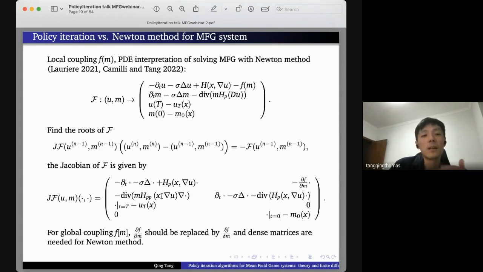One issue with Newton's method would be that if we have a local coupling, it is fine. But if we have a global coupling, the partial F, partial m term should be replaced by some kind of Wasserstein derivative, and one would need to use some dense matrices. I'm not sure that would make things difficult, but I would assume people prefer not to use dense matrices if they can avoid it.